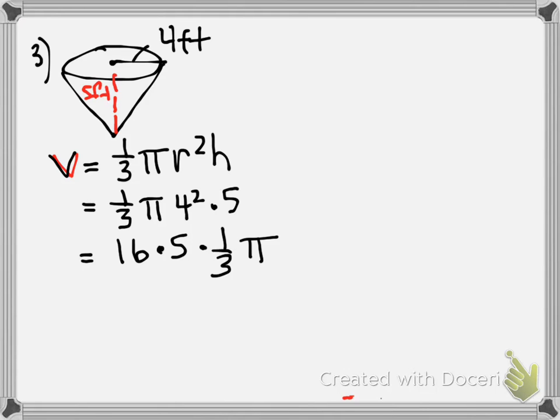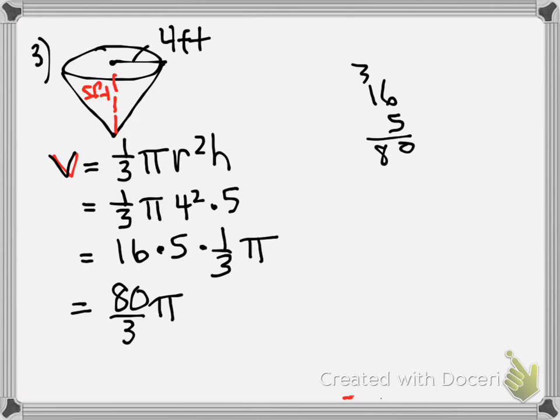Now, can 3 divide into either of those numbers? No. So I'm going to end up with an answer that's a fraction. That's okay. So I'm going to multiply the 16 times the 5, which gives me 80 thirds pi, and then the label. What would the label be? Cubic feet. Okay.